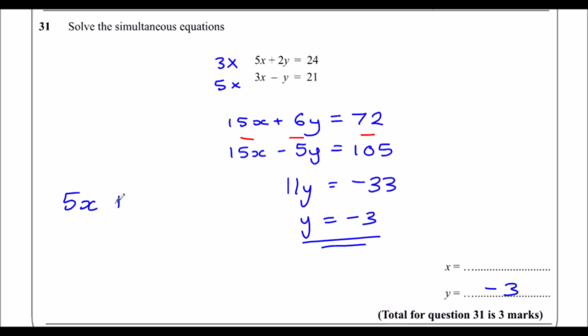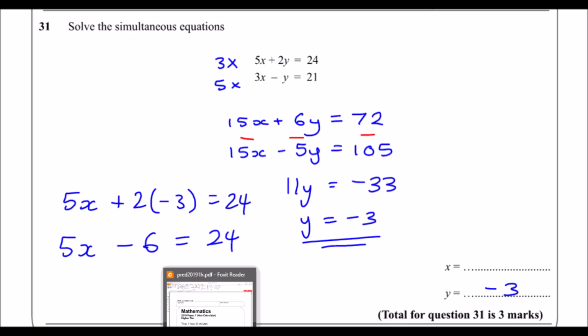5x plus 2y's. And y is negative 3 now. Equals 24. So what's 2 negative 3's? That's negative 6. So plus 6 to both sides.